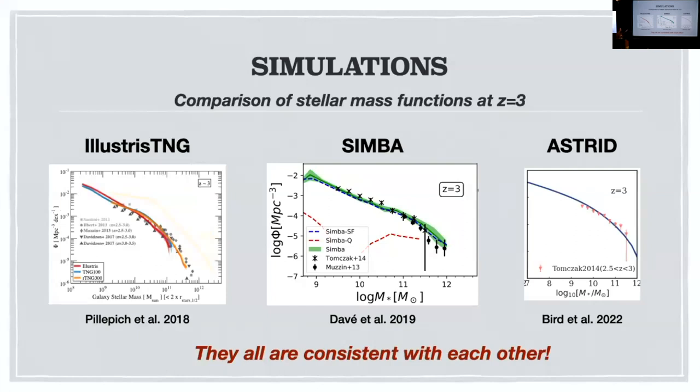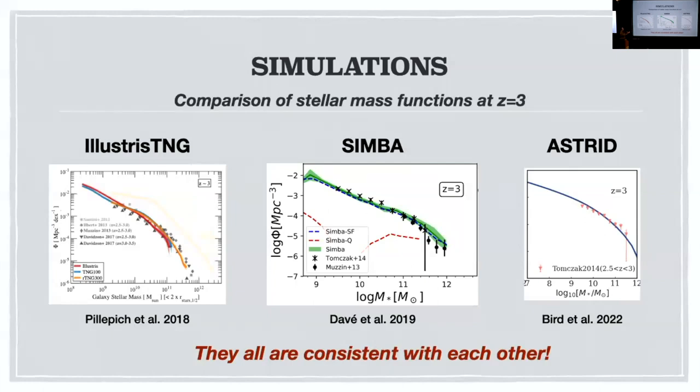They're actually very calibrated in terms of the stellar mass function usually. The stellar mass functions are in good agreement with each other. These are from different papers, and the observations look very similar.